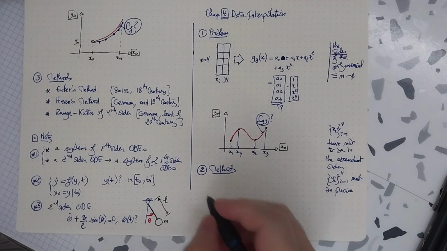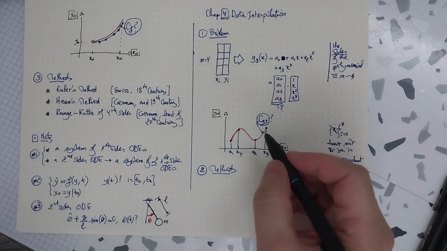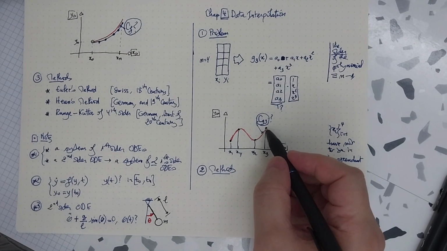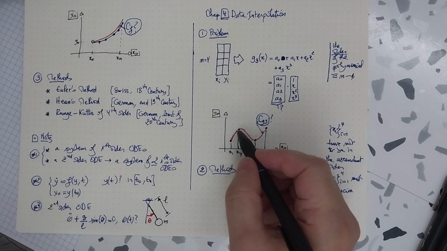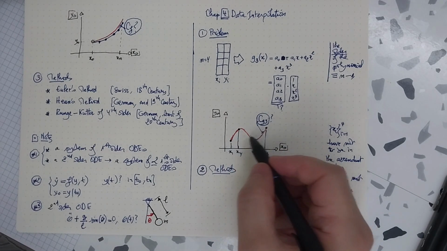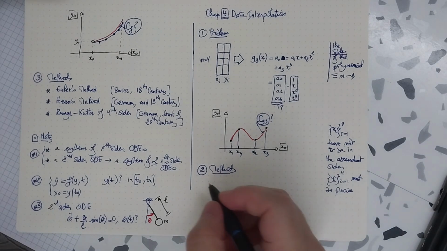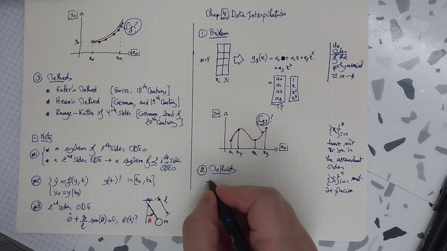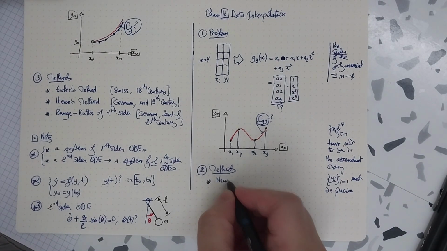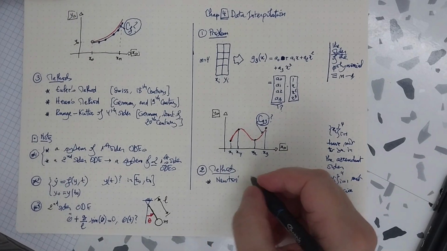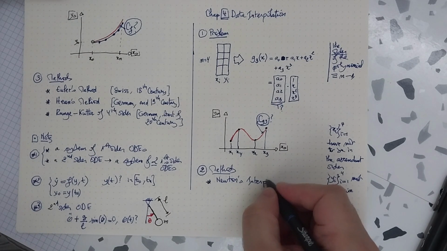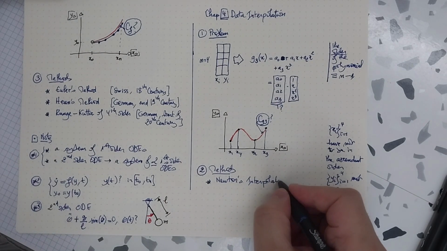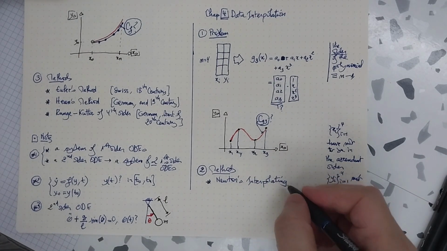The first category is to find the whole polynomial, one single polynomial that crosses all the points. And here we'll study Newton's interpolating polynomials.